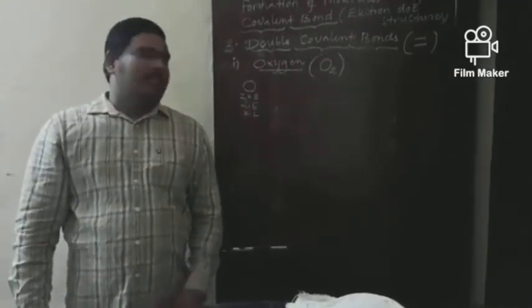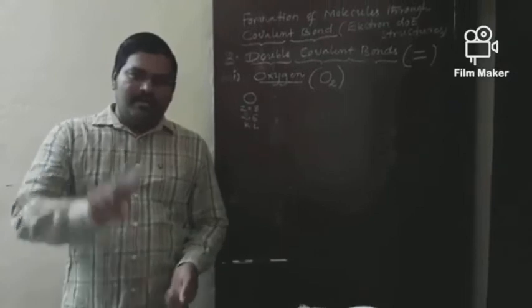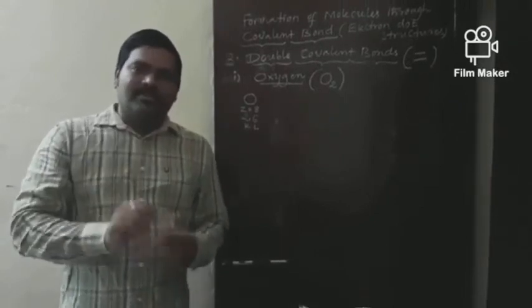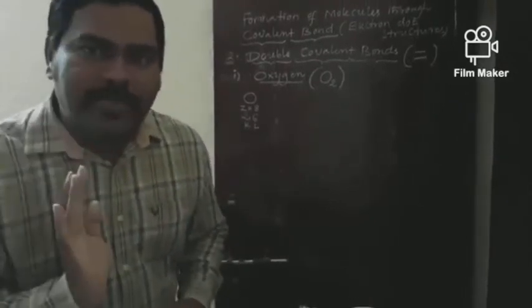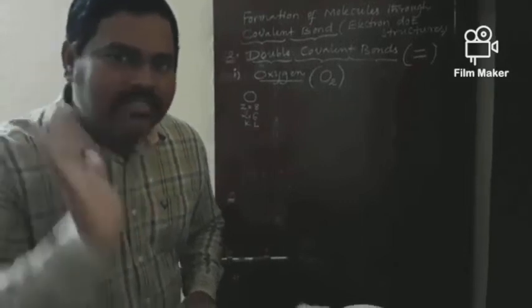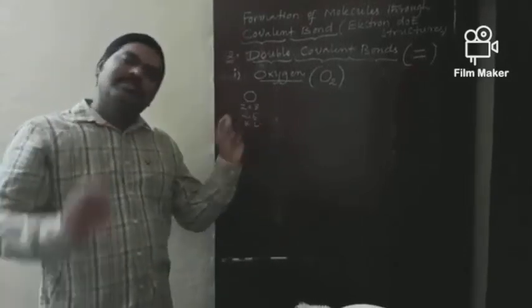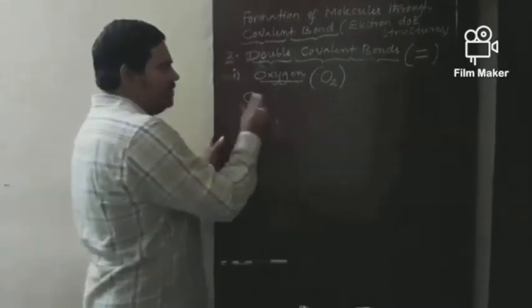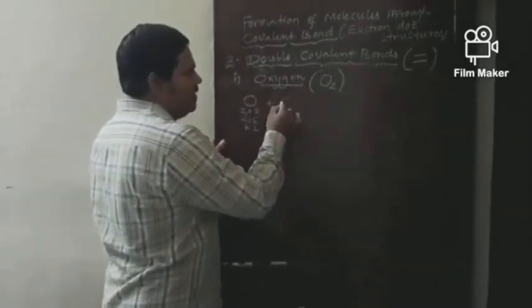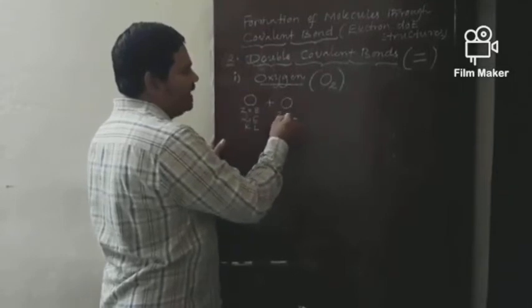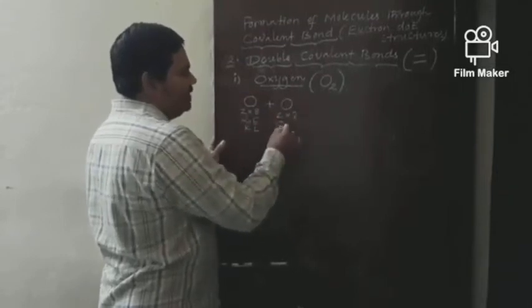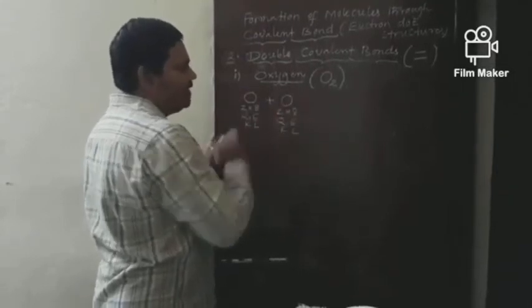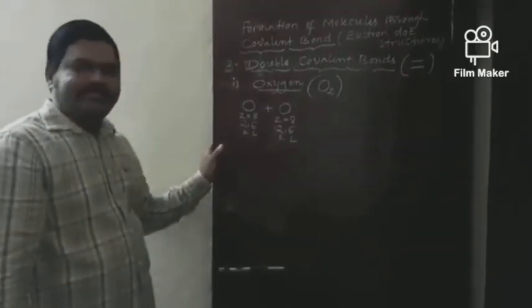This oxygen requires 2 more electrons to attain stability. The nearest noble gas configuration to this oxygen is neon. For that purpose, this oxygen combines with another oxygen with the same electronic configuration and the same requirement.